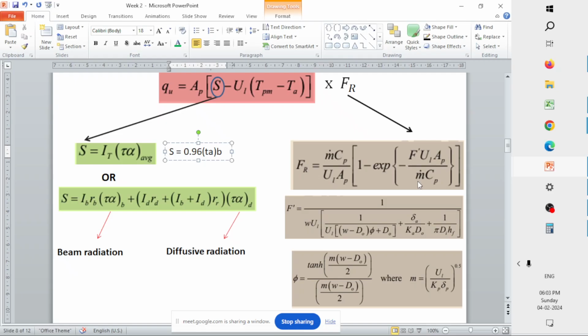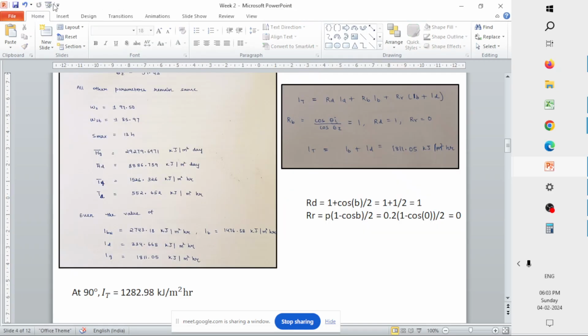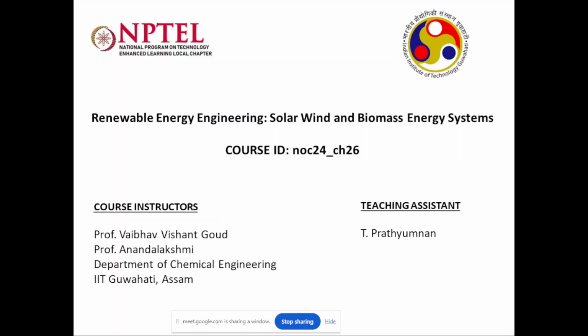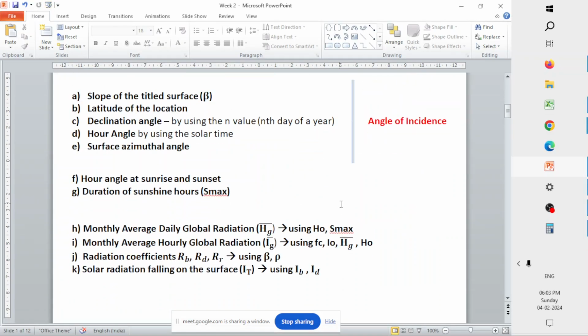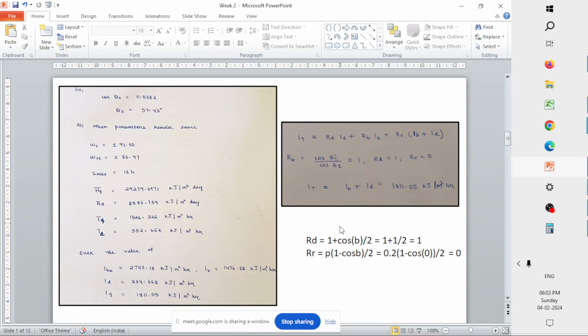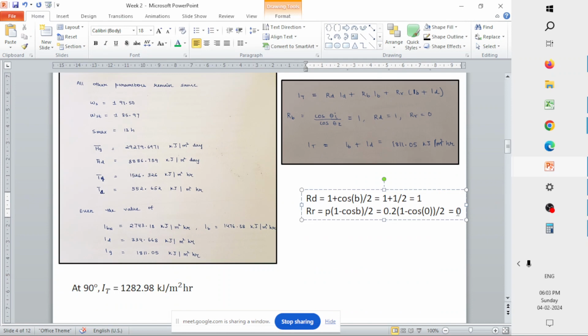Here let me just write the value of RB also. Your RB is equal to cos I. You can use cos of theta I, it's just the notation difference, and cos of Z, that is the zenith angle.